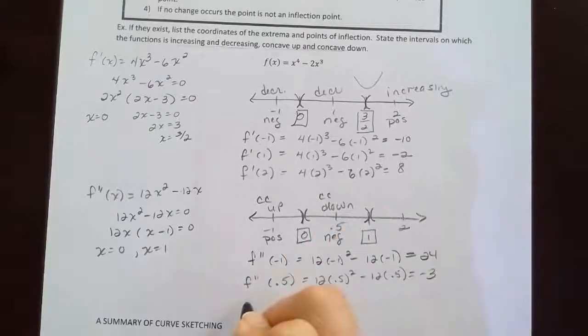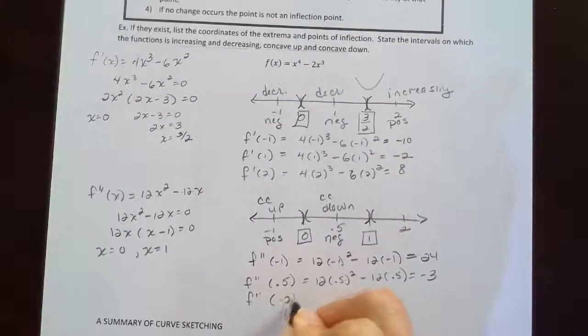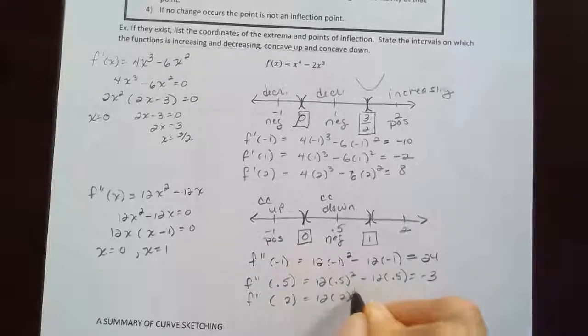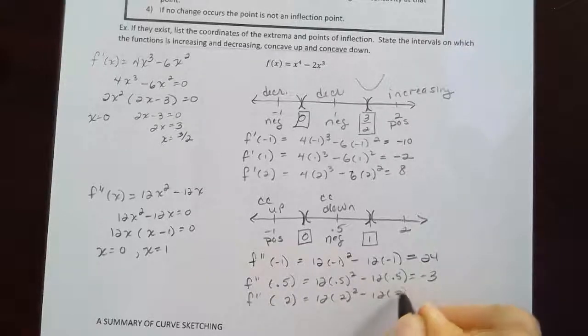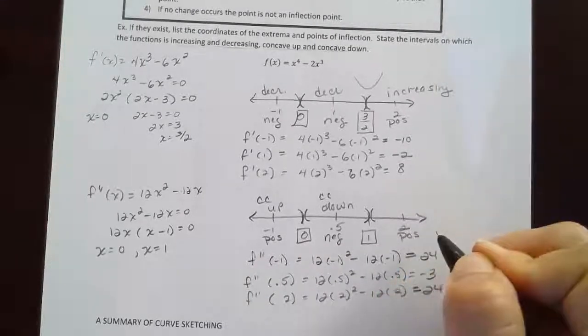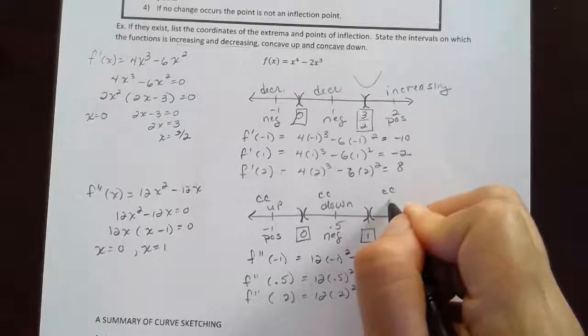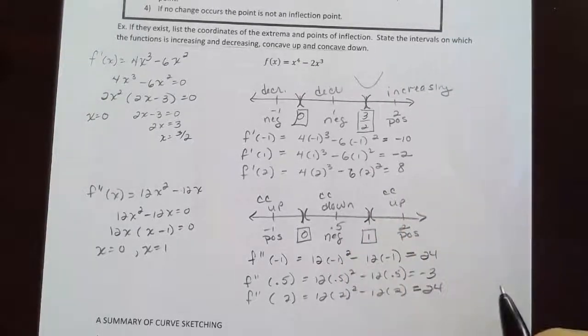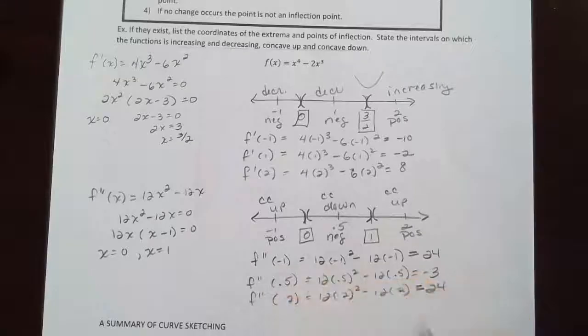And our last test point's 2. 12 times 2 squared minus 12 times 2 will be 48 minus 24 is 24, so it's positive again, which means we're going to be concave up again, which means we have 2 points of inflection, one that occurs when x is 0, one that occurs when x is 1.